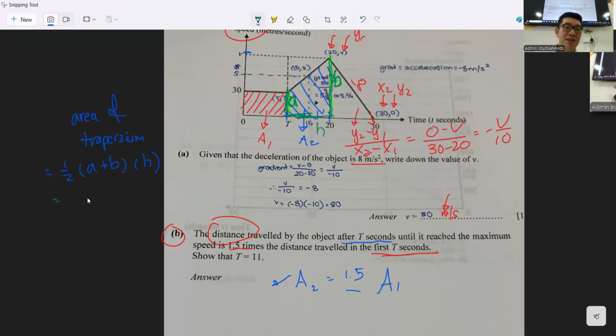So can you tell me what would be A? This is A, 30. What would be B? Okay. What would be H? Yeah. All right, there you go. So this is for A2.